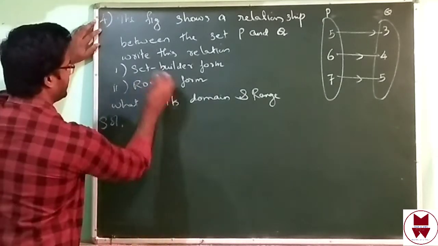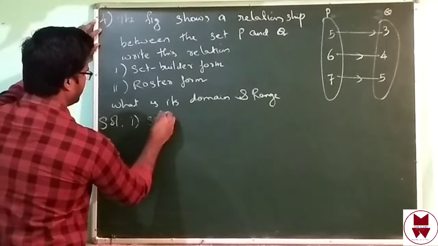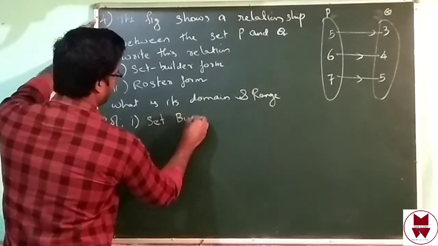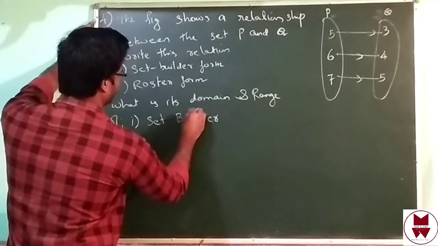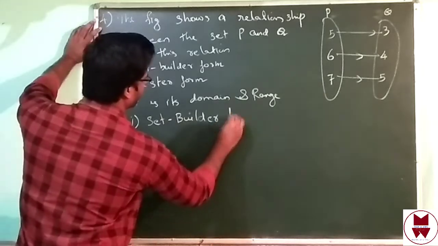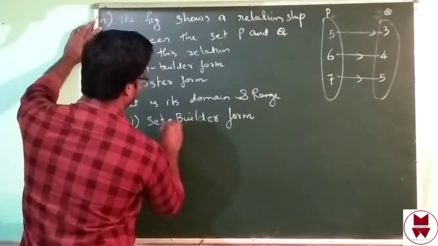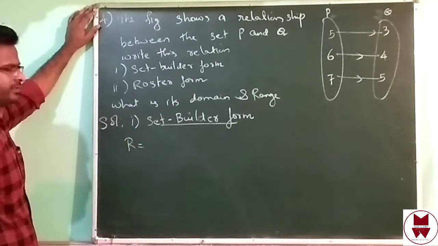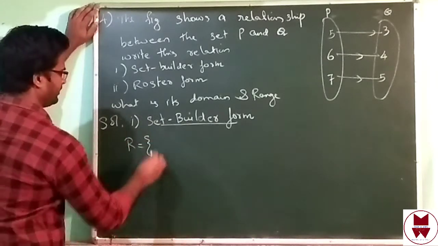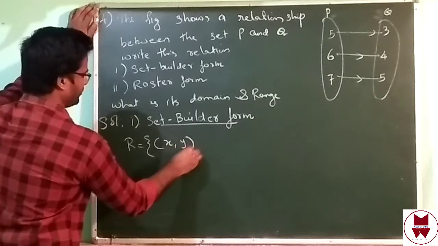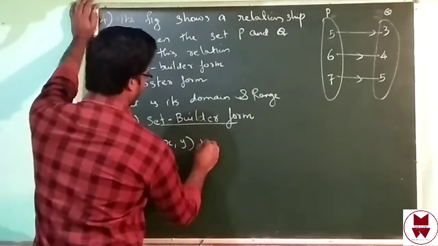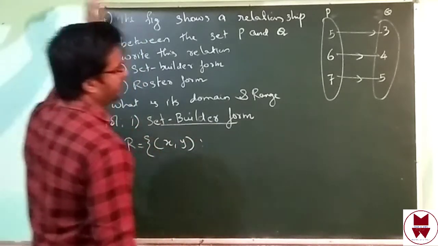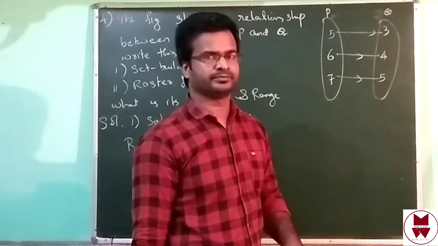First we can see the set builder form. R equal to, R means a relation, the set of ordered pairs x, y such that, can you find any relation here?